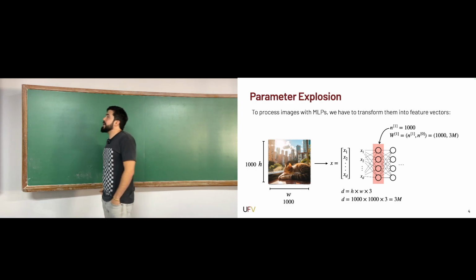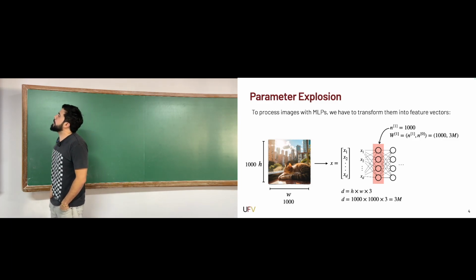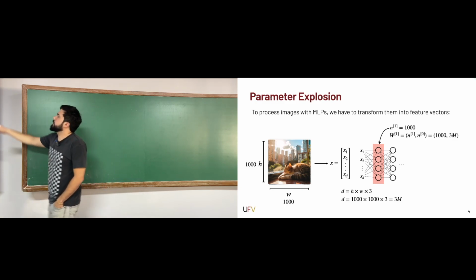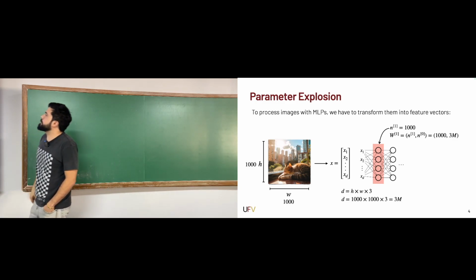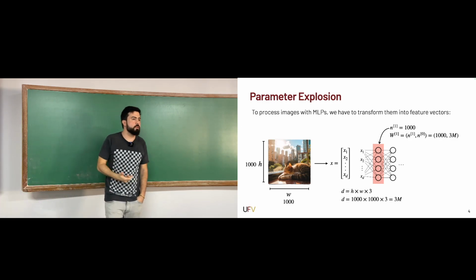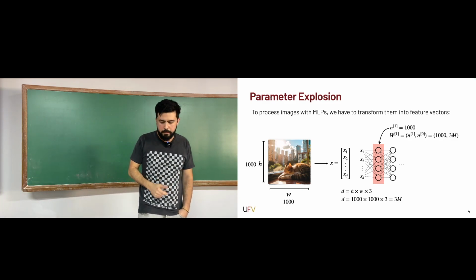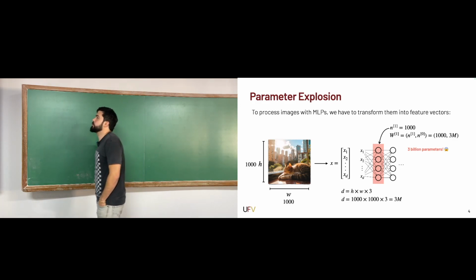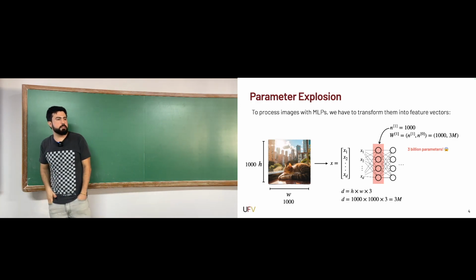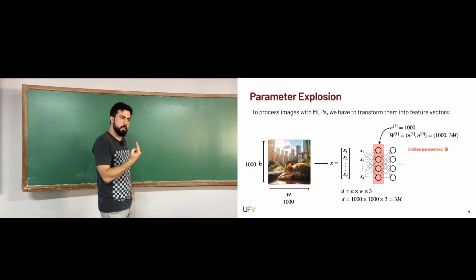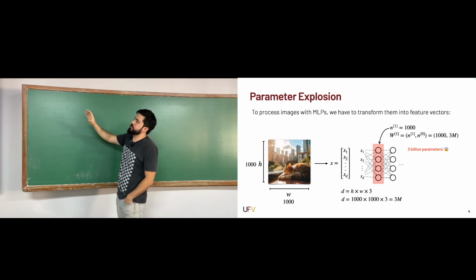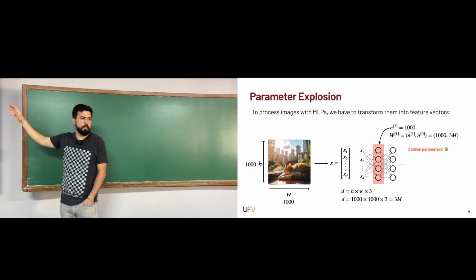Then our weight matrix for that layer would be of the shape N1, N0. So we're going to have a matrix with 1,000 rows by 3 million columns. That would lead to 3 billion parameters in only one single layer. And we are not even talking about a very large hidden layer.